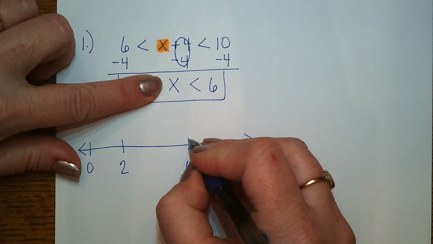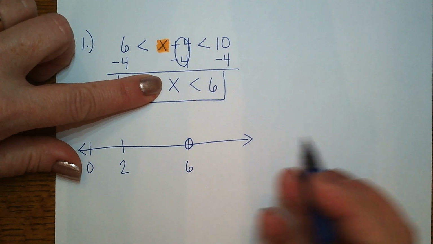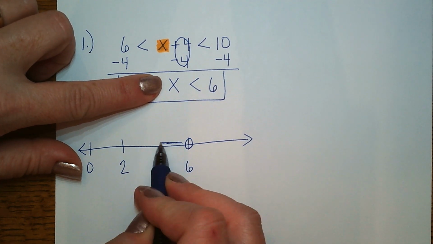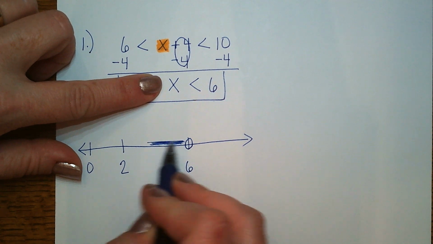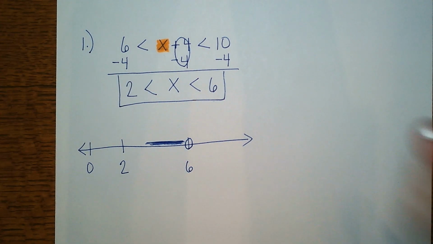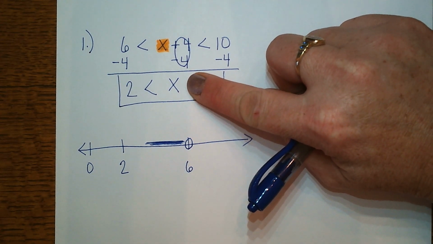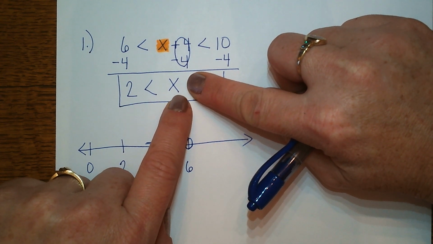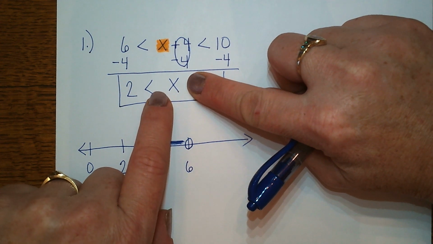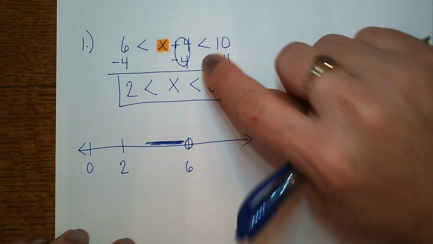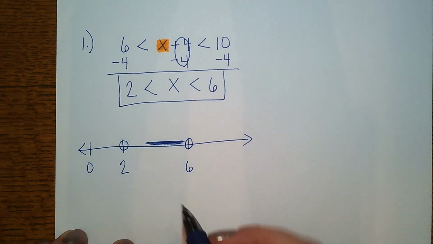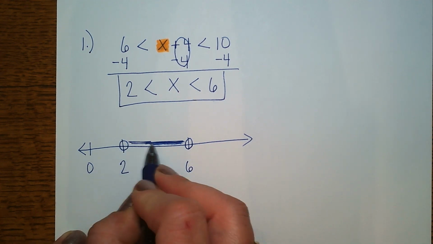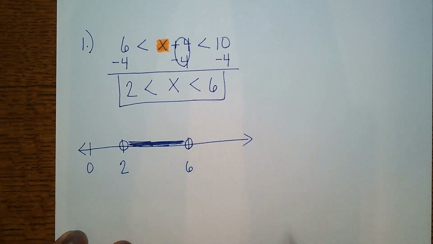Less than tells me I'm going to have an open circle, and less than also tells me that my graph is going to be shaded to the left of that number. Now I'm going to cover up the other half of the inequality. This says 2 is less than x, or I could read it, x is greater than 2. Again, this tells me I'm going to have an open circle, and greater than goes to the right. So that's what my graph for this and compound inequality would look like.